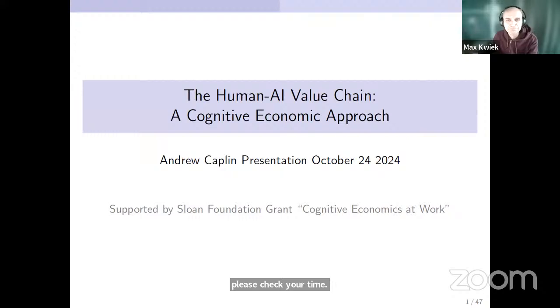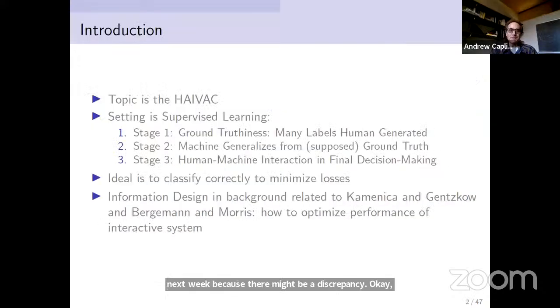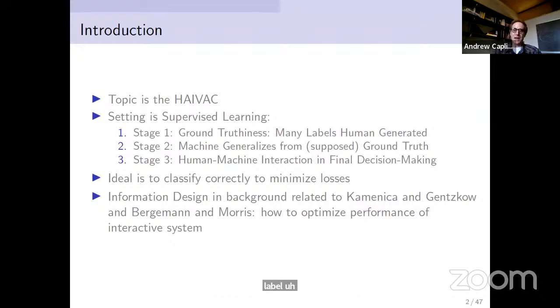All right, so let me plunge in. The topic is a human-AI value chain. And the typical setting is supervised learning. In the first stage, humans label instances and make them ground truthy. A machine generalizes then in stage 2 from supposed ground truth.